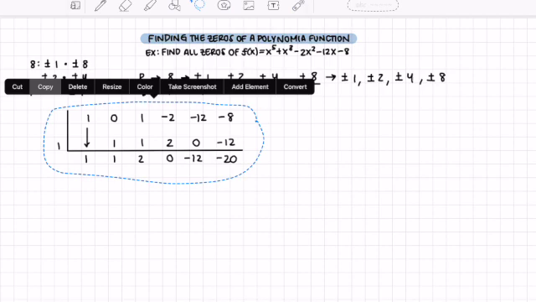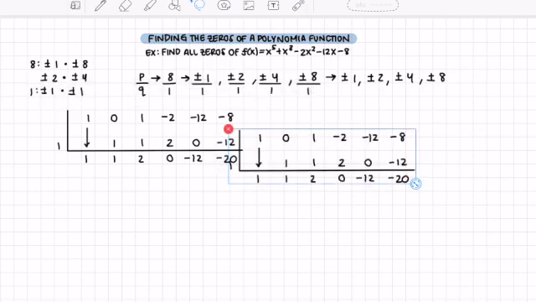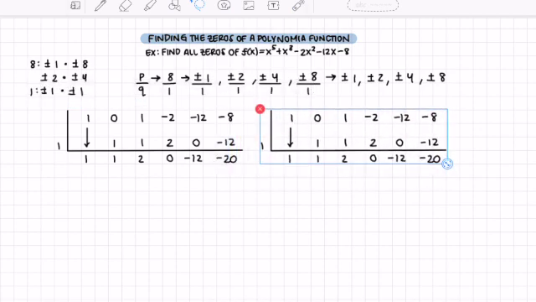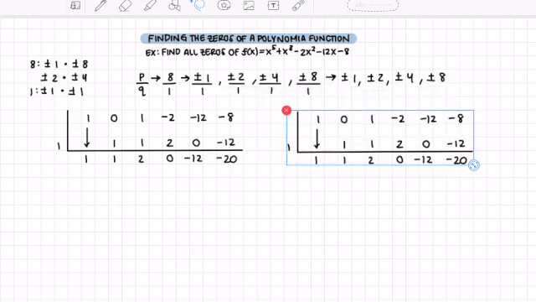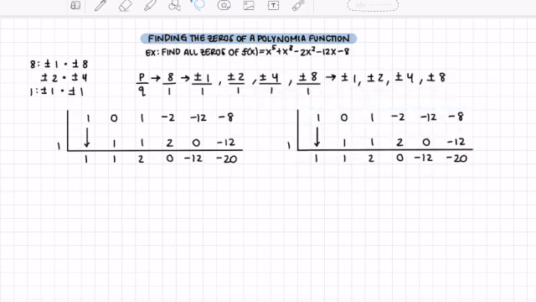So I'll copy this, paste this to the right over here, and I'm gonna see if instead of using positive 1, I will use negative 1. So all of these are gone, disappear. I'm trying out negative 1 instead.